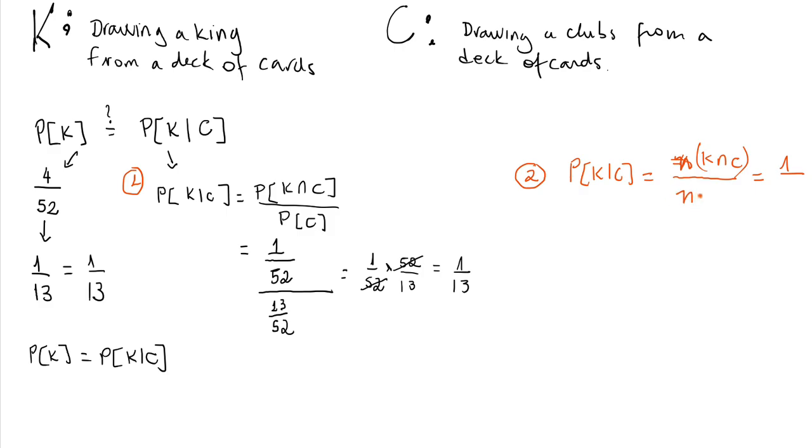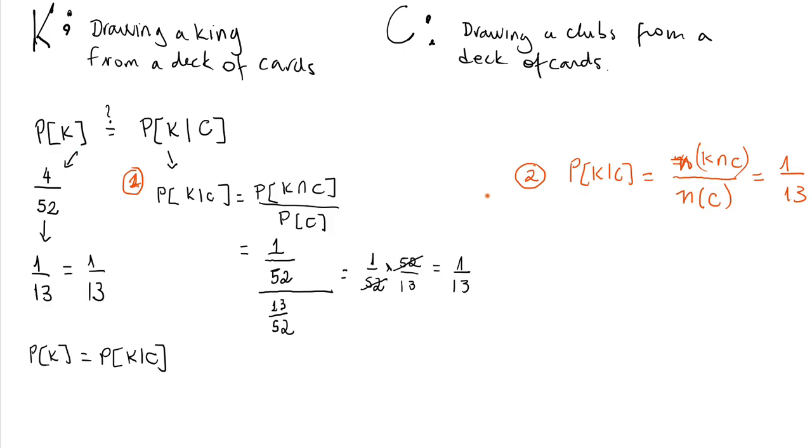And here is the number of outcomes of what happened first, meaning the number of outcomes of clubs. Well, that's 13. So you have these 2 ways to calculate the conditional probability, and it's good so that we can train these 2 ways. You have the formula, and you have the concept, but at the end of the day, having drawn clubs first won't change the probability of drawing a king after that.